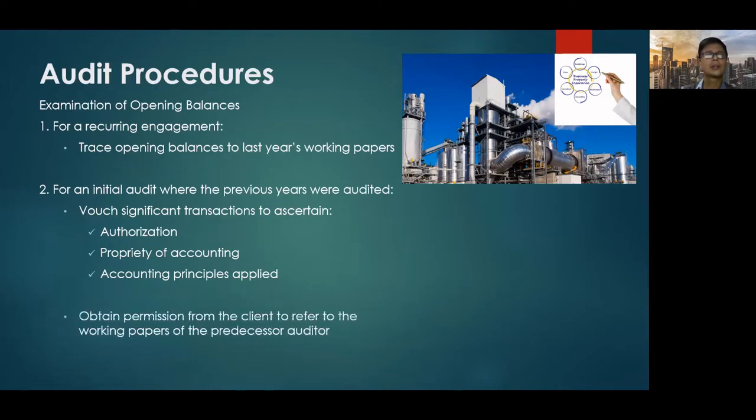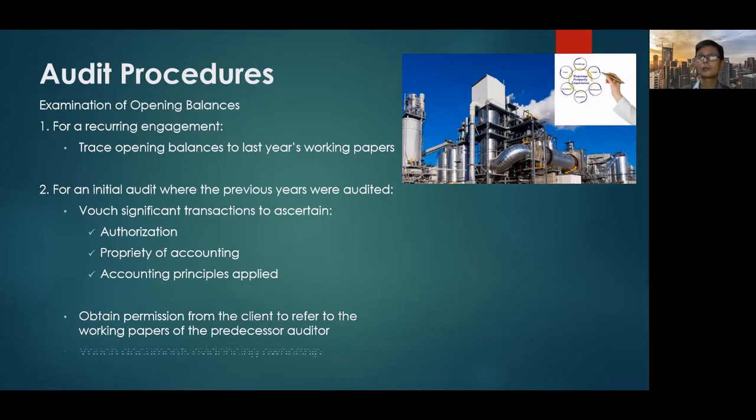And then next is to obtain permission from the client to refer to the working papers of the predecessor auditor. So if you're the current auditor, you ask permission from the client to view the previous working papers.